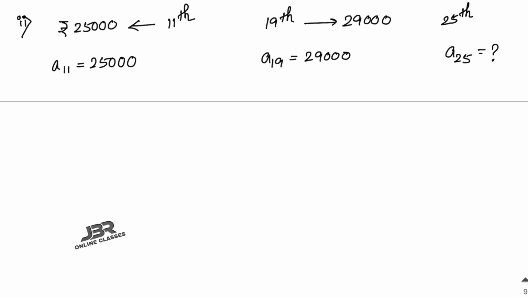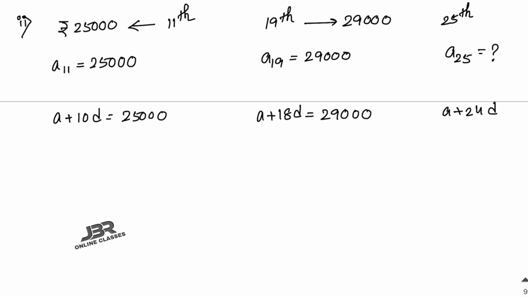A11 means A plus 10D equals 25,000. A19 means A plus 18D equals 29,000, and A25 means A plus 24D. First you have to find out the value of A and D.